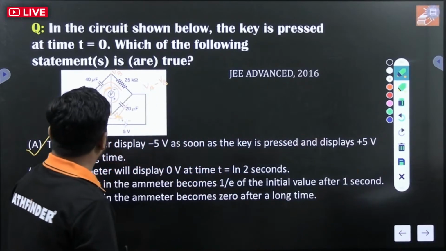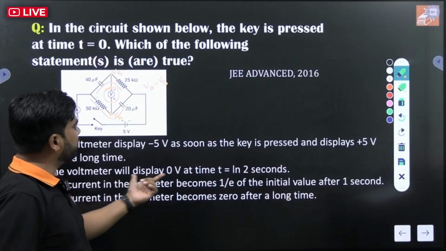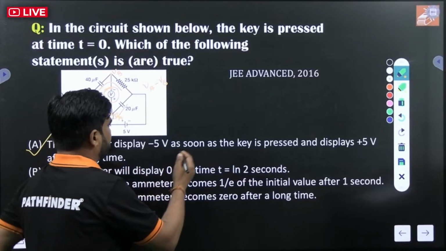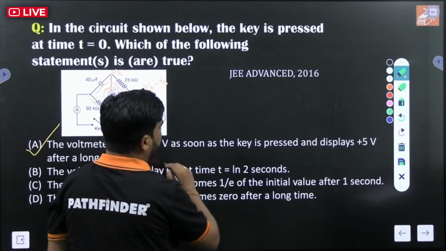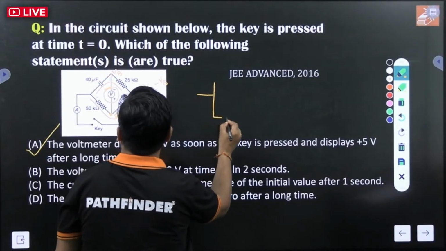Fine. Now the voltmeter will display 0 volt at time t is equal to ln 2 seconds. Again, I'll come to that same methodology.